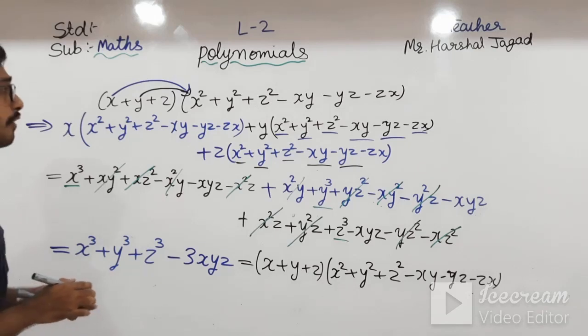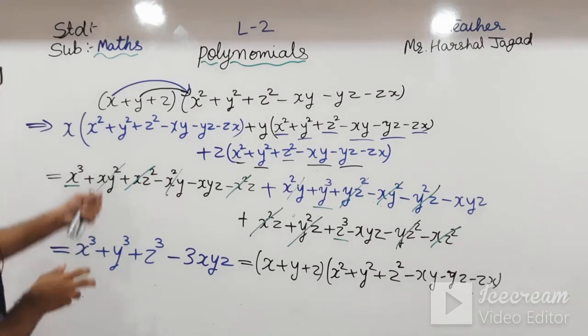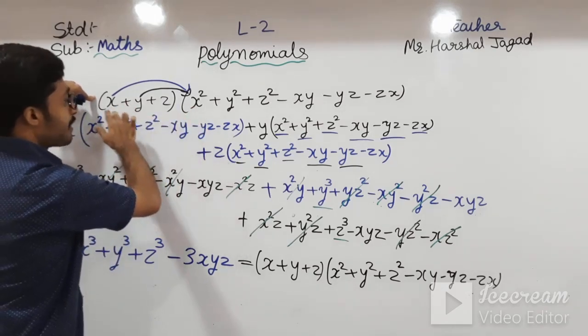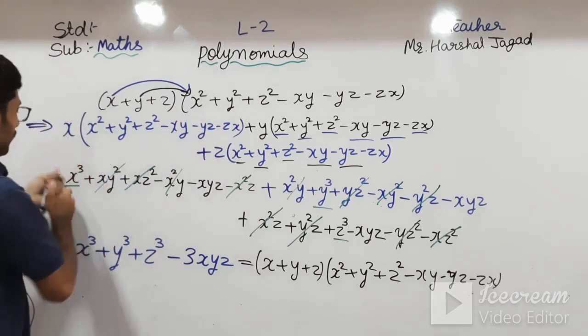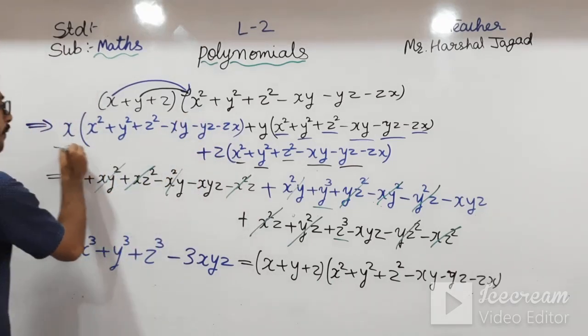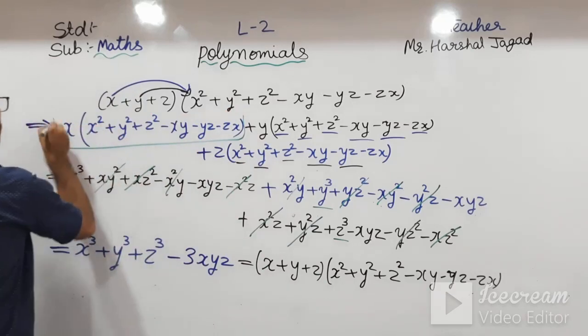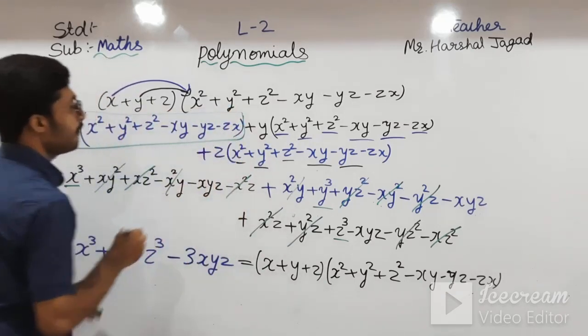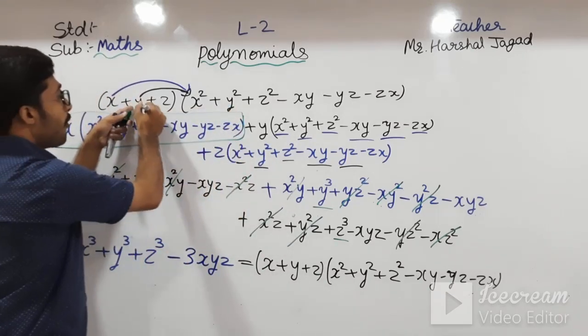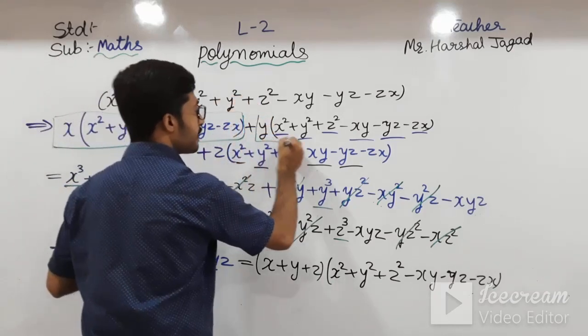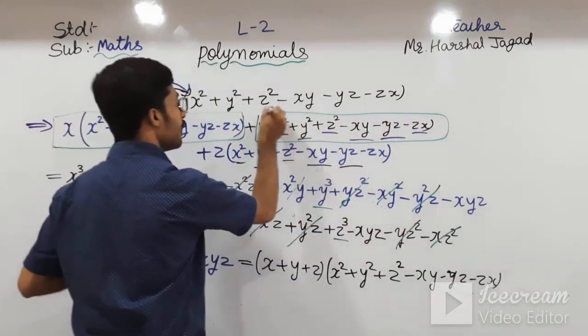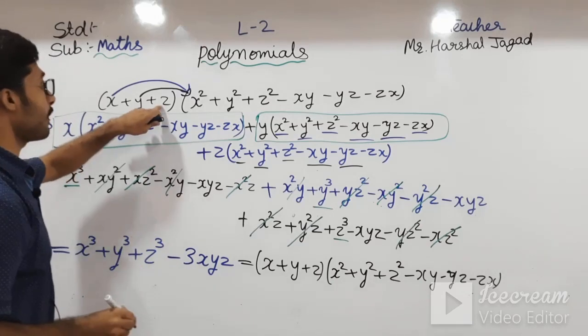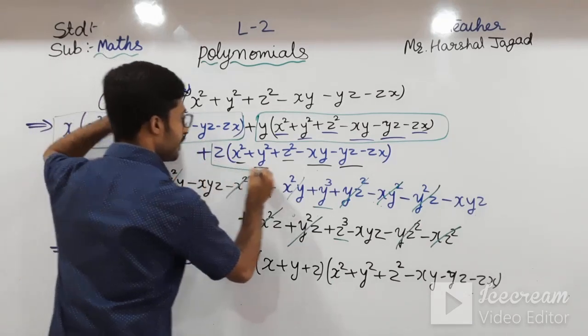Okay students, first of all what we have done, we have multiplied x with this bracket. So this is the first, we have multiplied this with x, and then we have multiplied y with this bracket, so it is here, and then we have multiplied z with that bracket, so it is here.